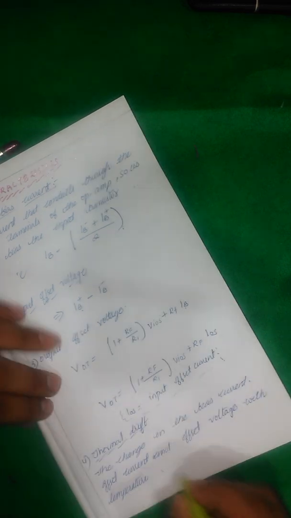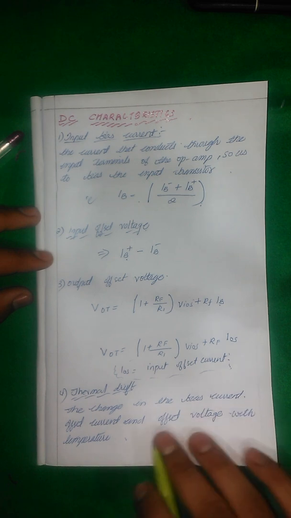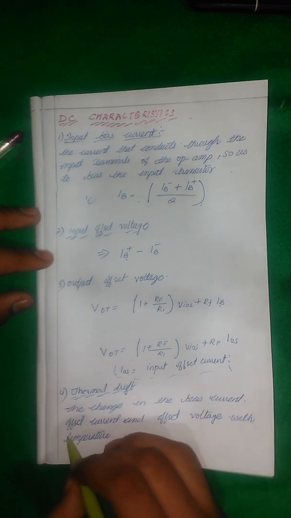So what is thermal drift? The change in the bias current, offset current and offset voltage with temperature is known as thermal drift.